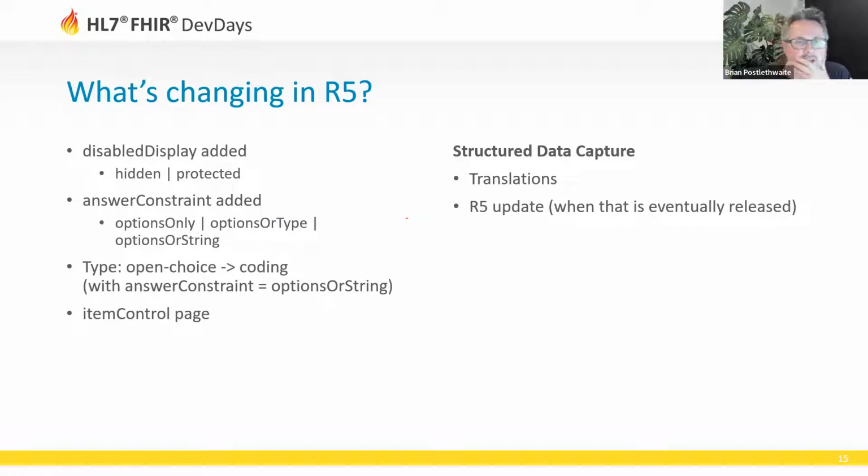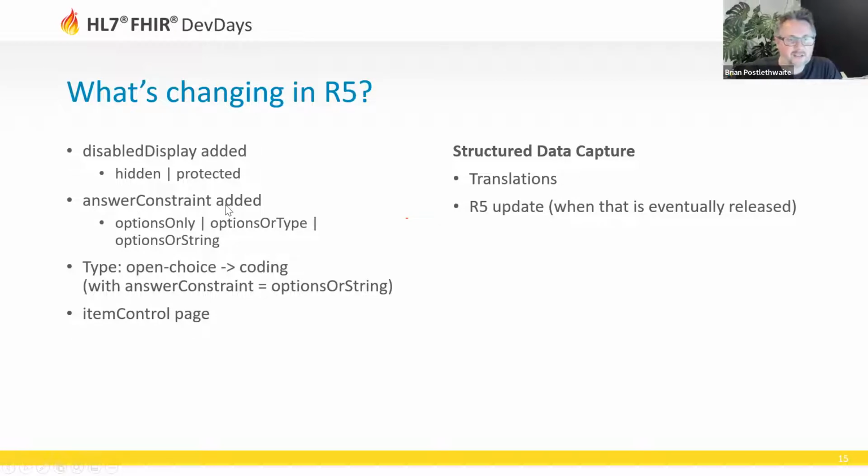So what's changing in R5? So disabled display has been added, so hidden or protected. So when you're doing an enable when, you can see that the demonstrations I was having was just hiding them. But this capacity will give you the capacity to either hide them or just disable them, so you get that flexibility.